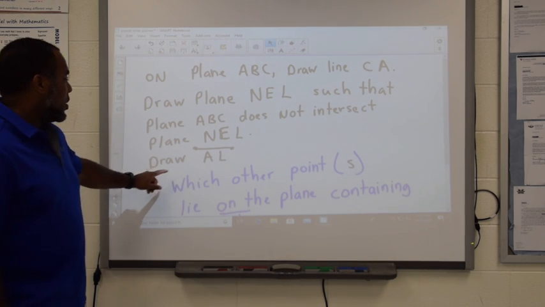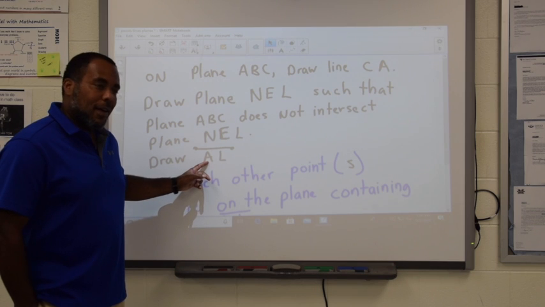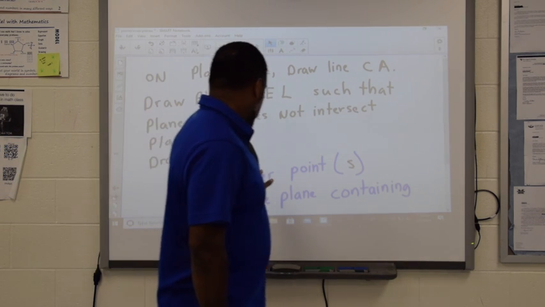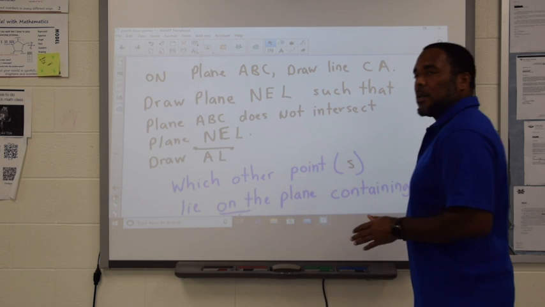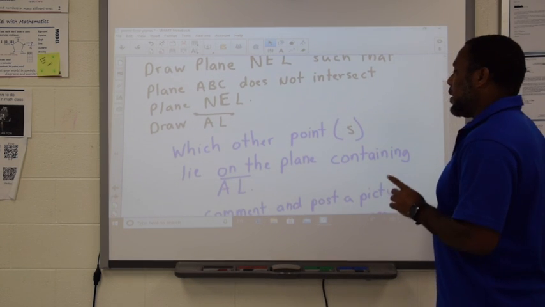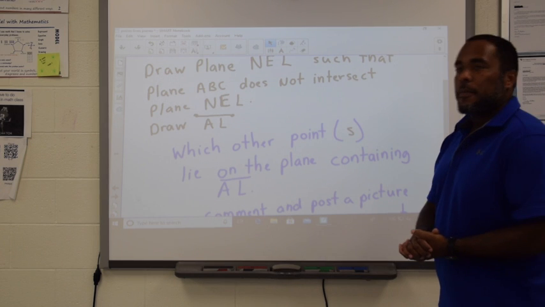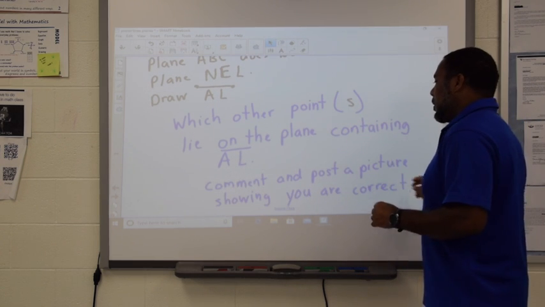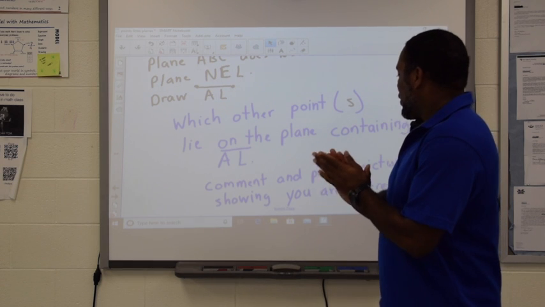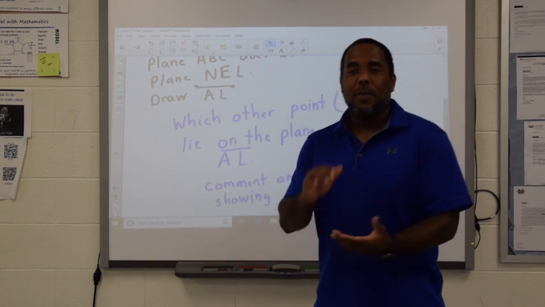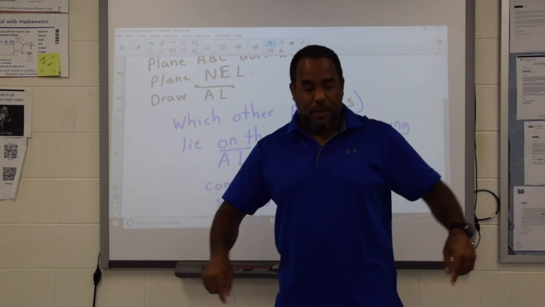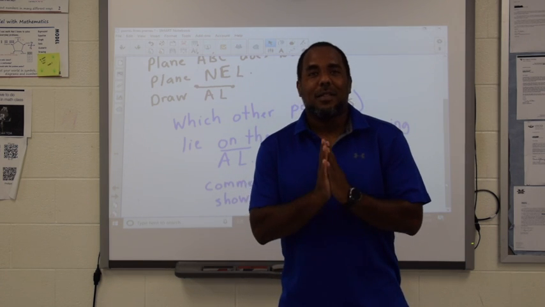Then draw line segment AL. And the question is, which other point or points lie on the plane containing AL? I'd like you to comment and post a picture showing you are correct. So give me an answer, place a comment here, wherever your comment box is.